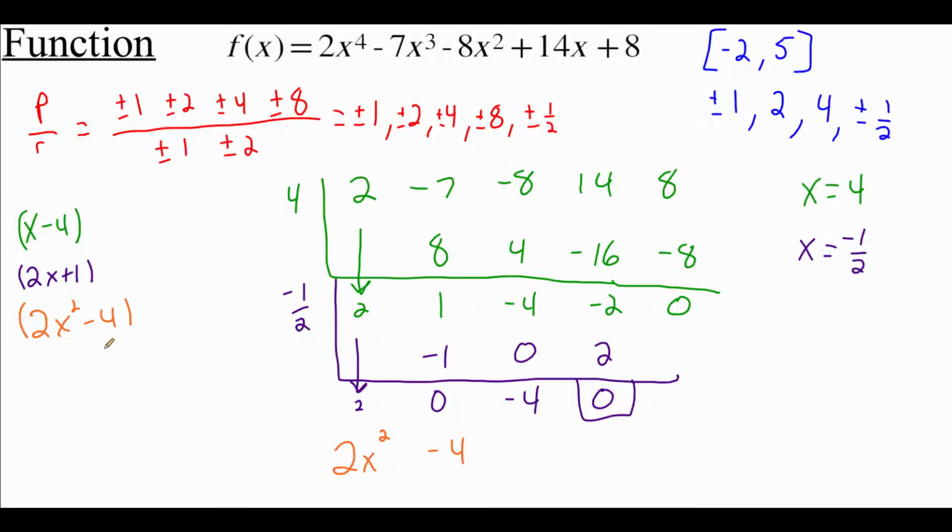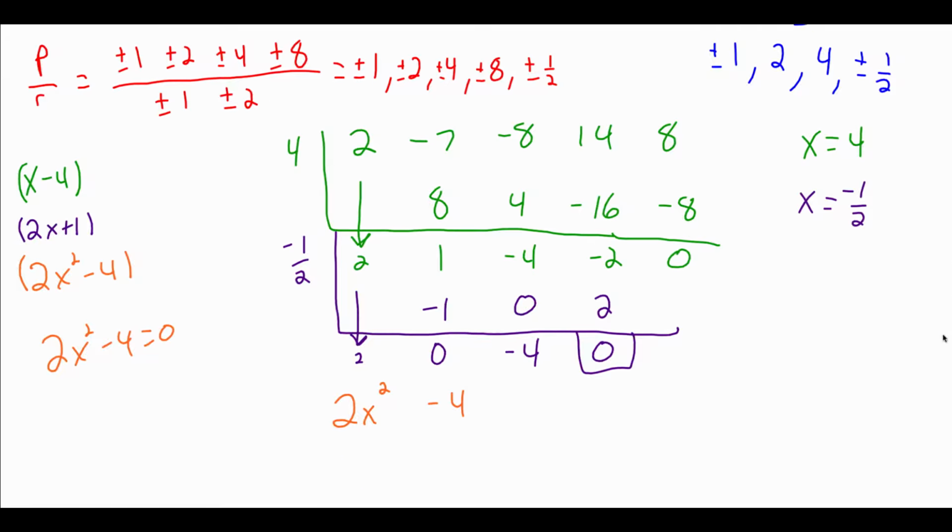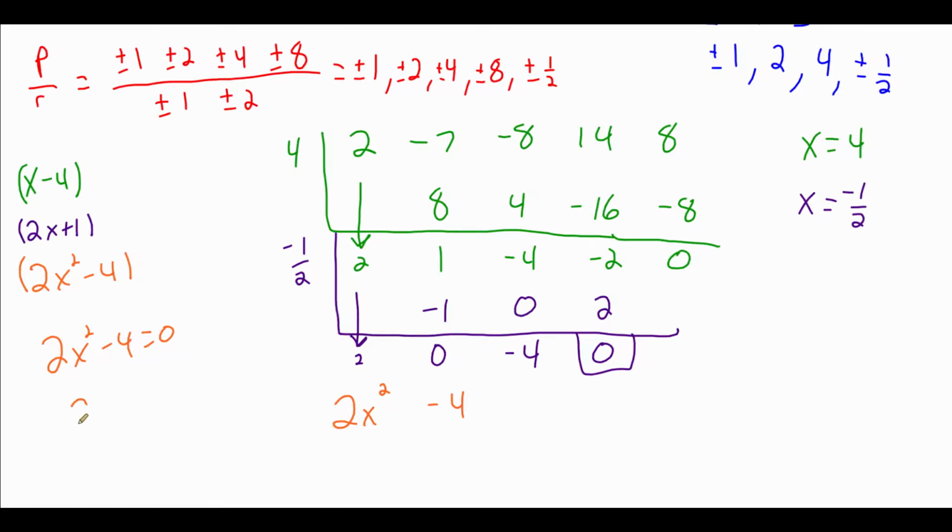Now they're not going to be rational zeros, they're going to end up being irrational. But if I take that factor and set it equal to 0, so 2x squared minus 4 equals 0, I can add that 4 over to the other side, so I get 2x squared equals 4. Dividing both sides by 2, I'll get x squared equals 2. And then to get rid of that squared power, we're going to square root both sides.